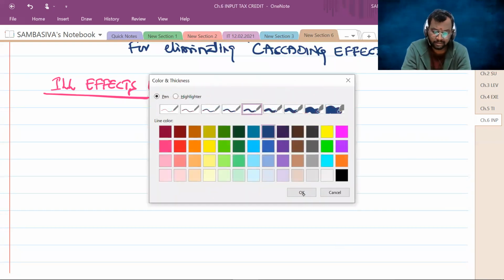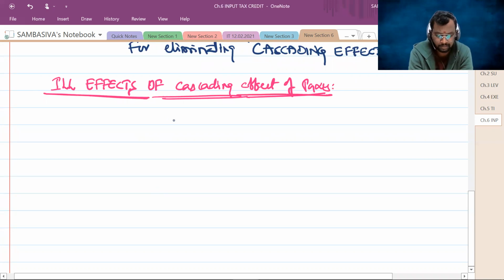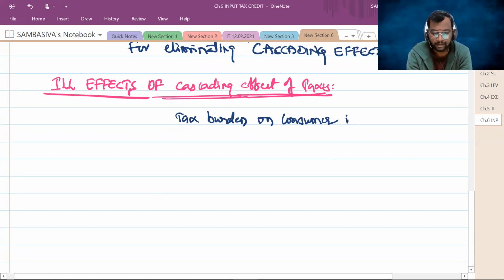It is like this: tax burden on the consumer increases due to double taxation.